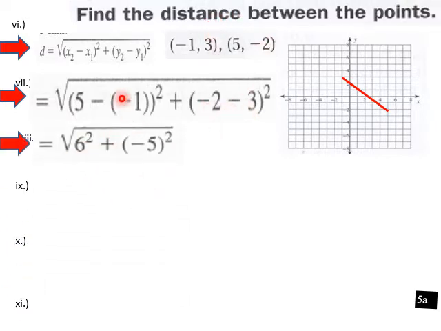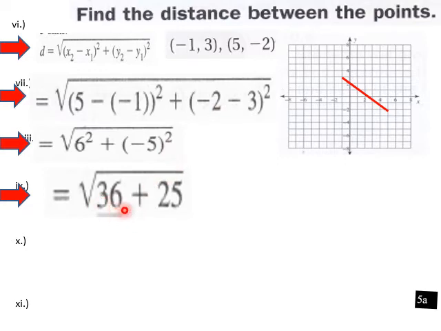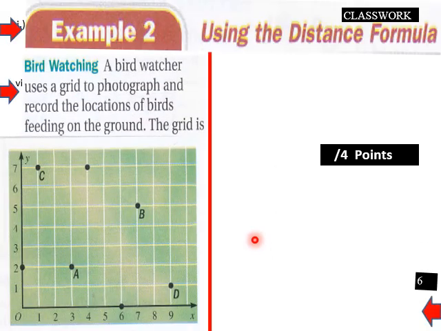That's 6 squared plus -5 squared, which becomes 36 plus 25, and that's radical 61. The distance between the points -1, 3 and 5, -2 is radical 61, the distance of this line without going through the hassle of making a rectangle.